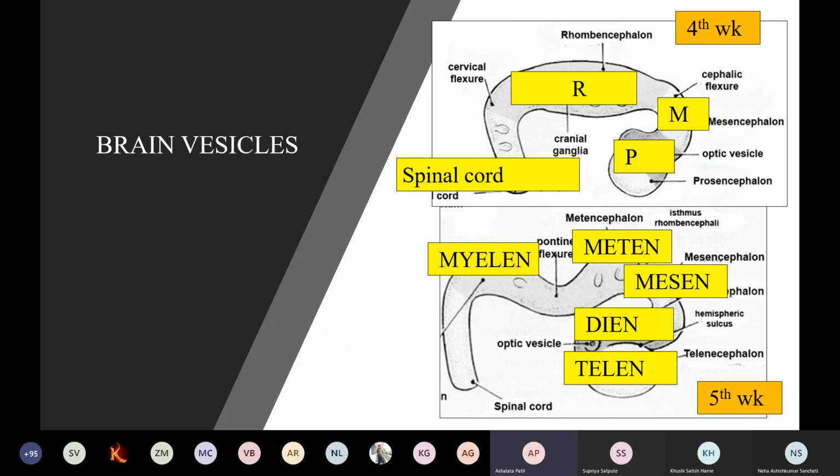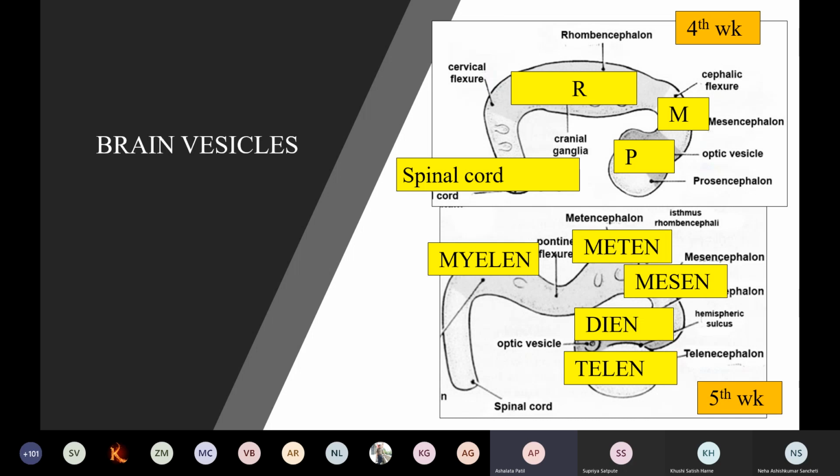Now coming to the brain vesicles. We have seen the part of the neural tube cranial to the 4th somite. This gets dilated and forms the brain vesicles. So 3 brain vesicles are formed. The cranial most is called prosencephalon, or the forebrain vesicle, then mesencephalon, or midbrain vesicle, and rhombencephalon, or the hindbrain vesicle.